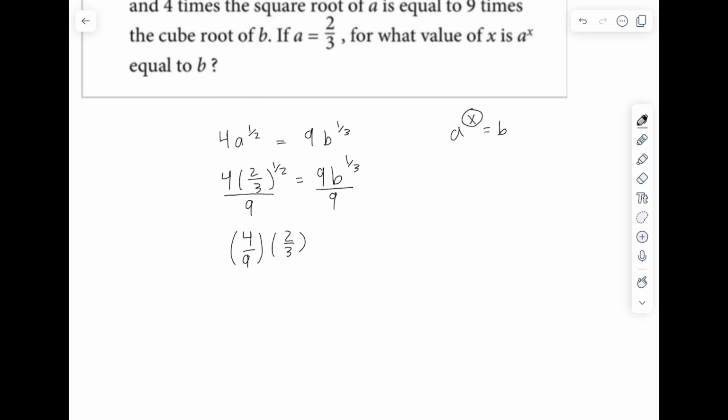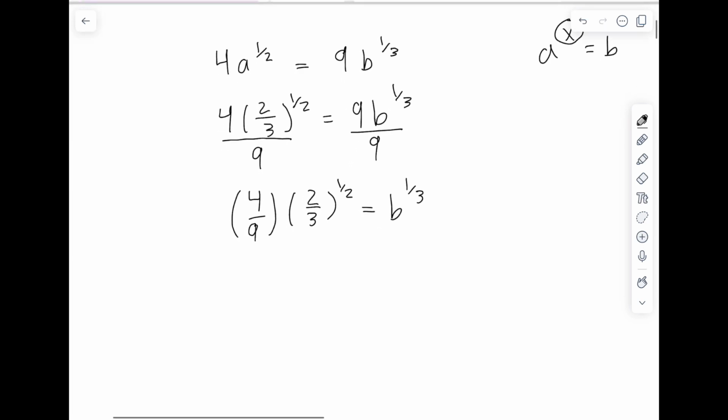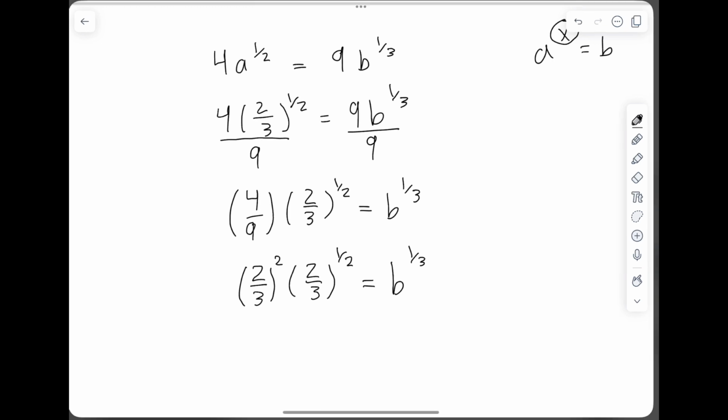Now if you notice, the numbers 4/9 and 2/3 actually do have something in common. 4/9 is just 2/3 squared. So we can rewrite this equation as 2/3 squared times 2/3 to the power of 1/2 equals b to the power of 1/3. So now since our bases are the same on the left side, we can add up the exponents.